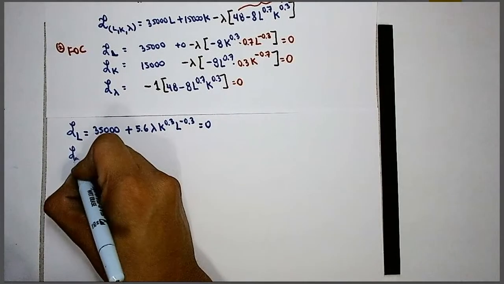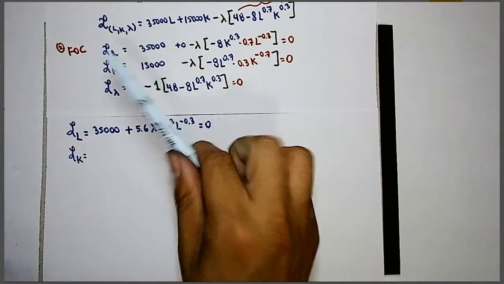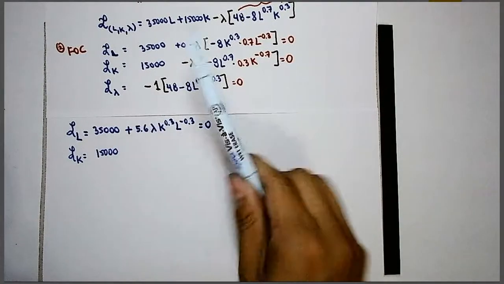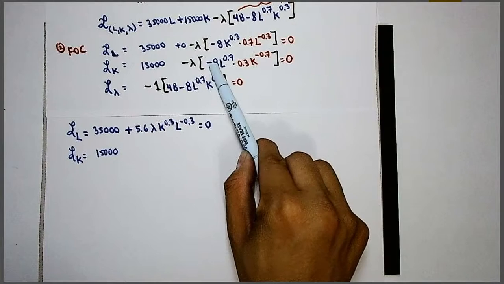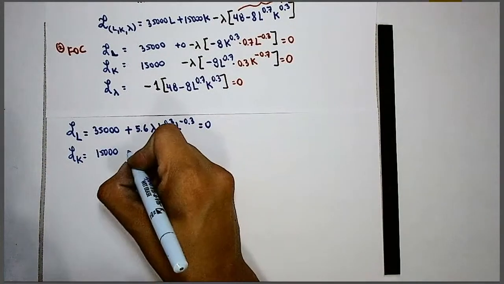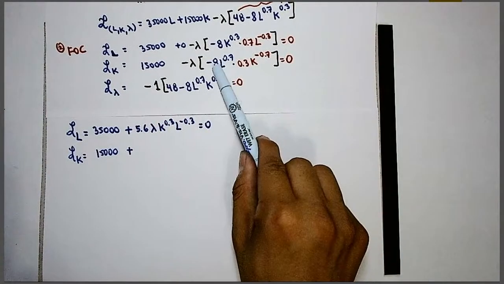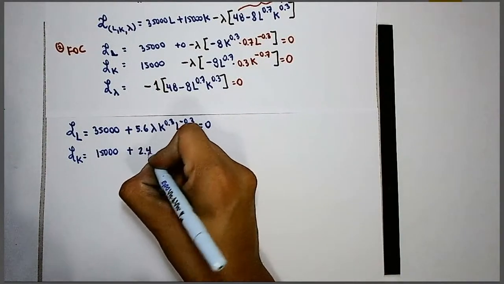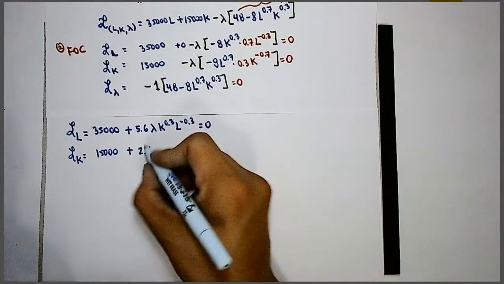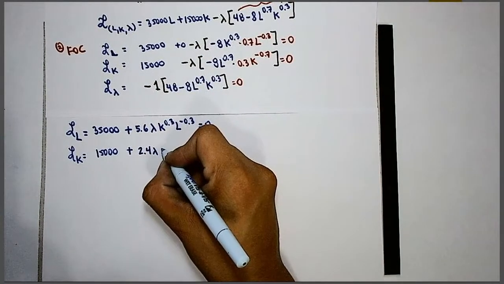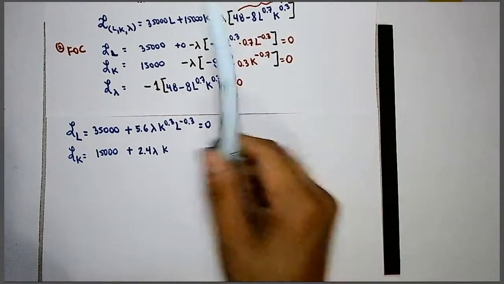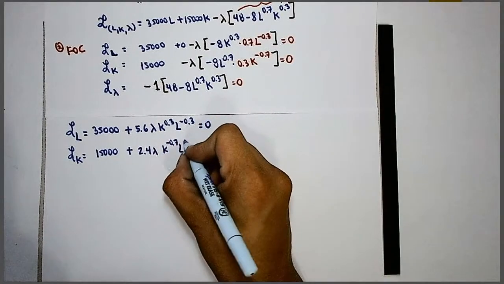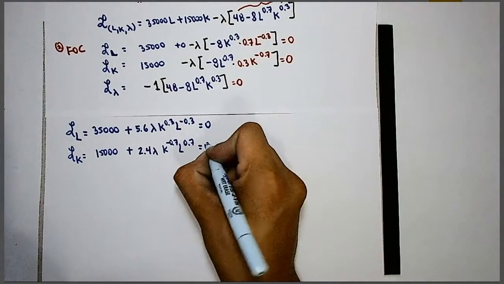The Lagrange with respect to K is 15,000. Minus times minus is positive, and then 8 times 0.3 is 2.4 times lambda times K to the minus 0.7 times L to the 0.7, and this is equal to 0.